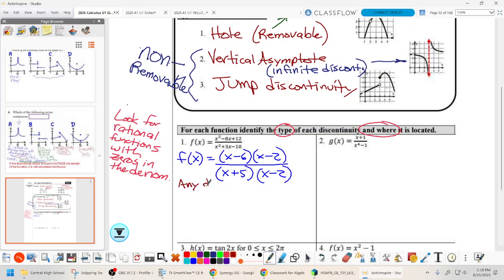Any duplicate factor in the top and bottom, we're going to go informal. Obviously it's numerator and denominator, but this is fine. Is a hole.